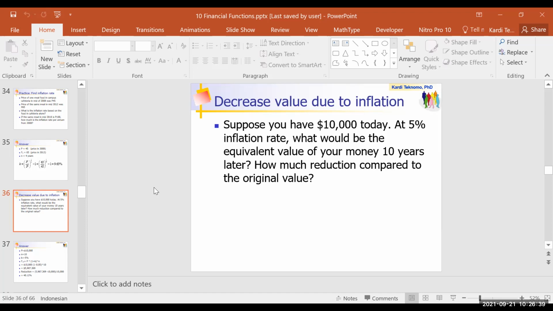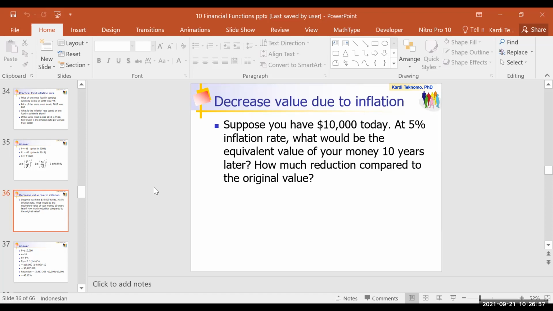Say you have $10,000 today, and you put in a 5% inflation rate, based on the government report.